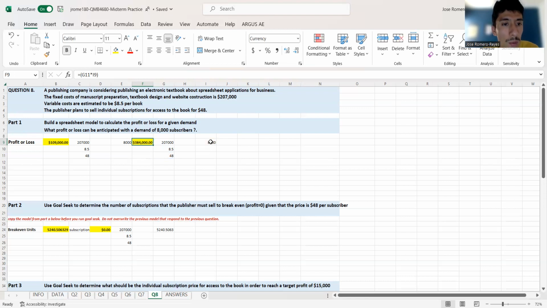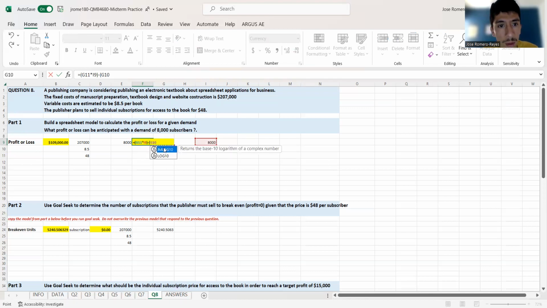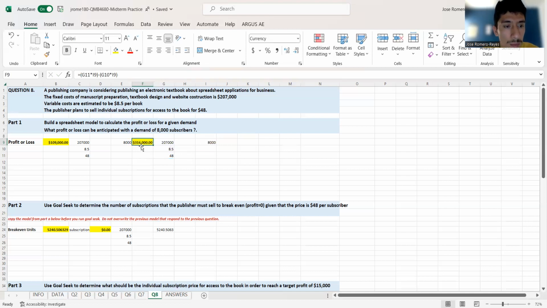That would be what we make. But we need to subtract the variable costs, which happen to be 8.5 times that amount, 8,000. And we also need to subtract the fixed costs, which happen to be 207. This is how we land at that number.